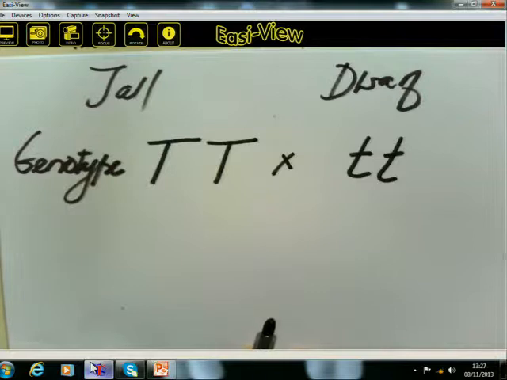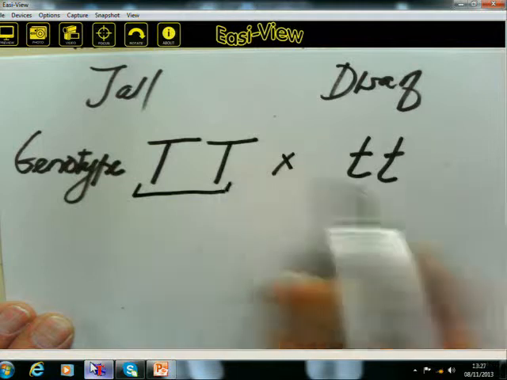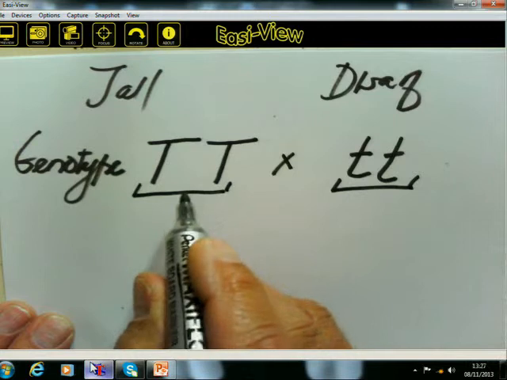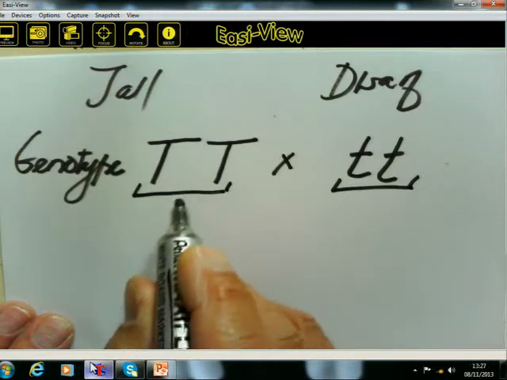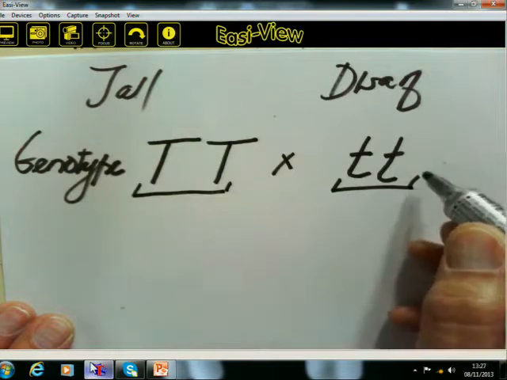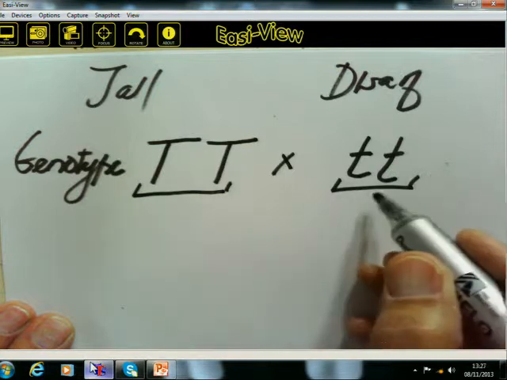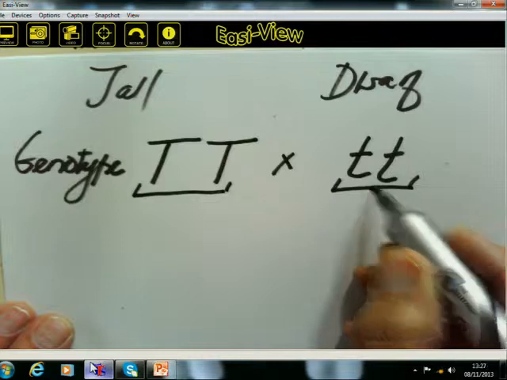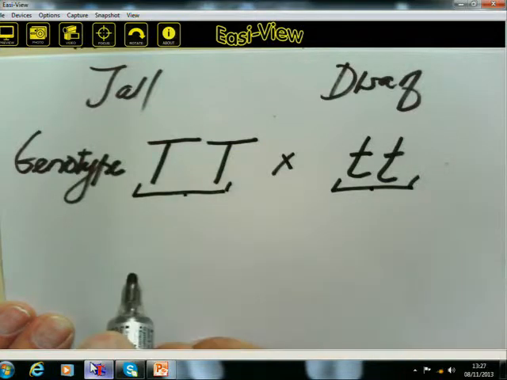So I repeat, to give an indication of the genotype of a plant, we will make use of alphabetical letters. In this case, I will use a capital letter to indicate the tall growing plant, and a small letter to indicate the dwarf plant. You will see that the small letters are the corresponding small letters of the capital letters in use.